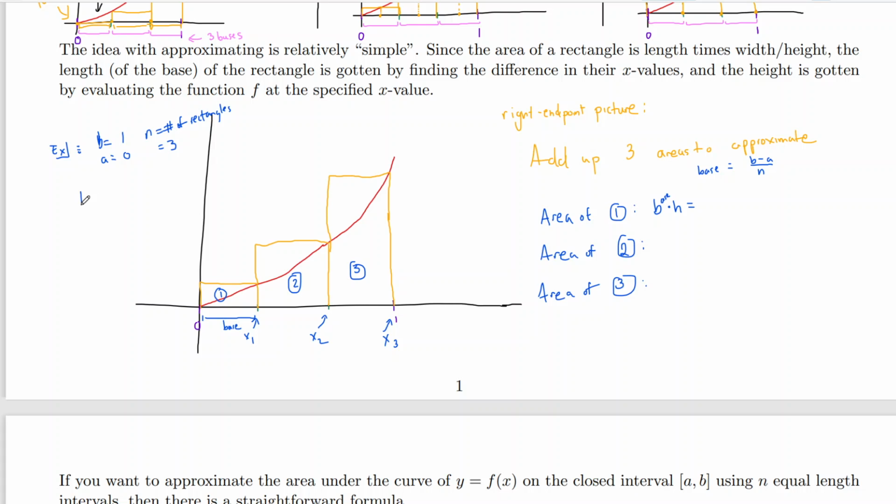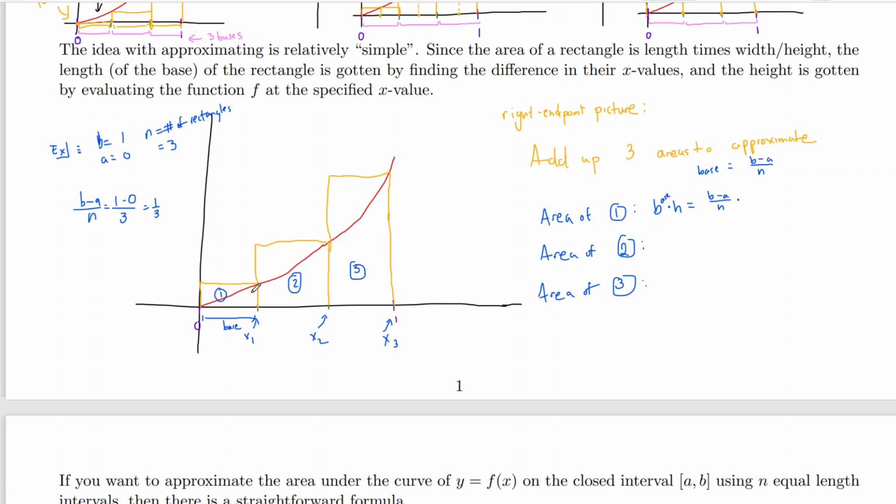So for our example, b minus a over n equals 1 minus 0 over 3, which is 1/3. That's exactly what we would plug in for the base, 1/3, because each of these would be of length 1/3. We have 3 of them to add up to 1. But in general, base is b minus a over n.